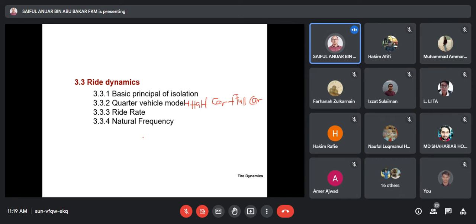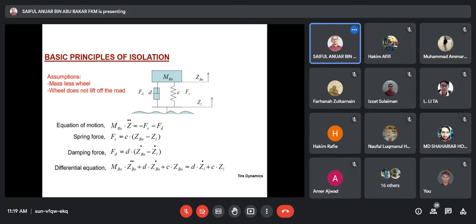So basically, the principle of isolation is that in a suspension, one of the suspension functions other than holding the chassis is also to absorb shocks from the road. That is the main function of the suspension system.